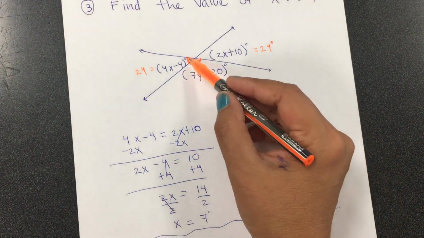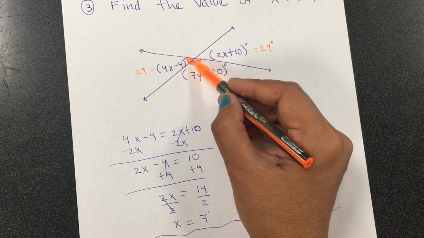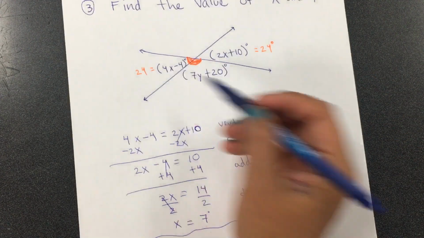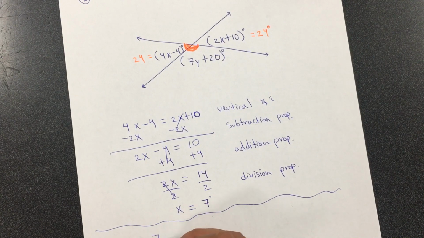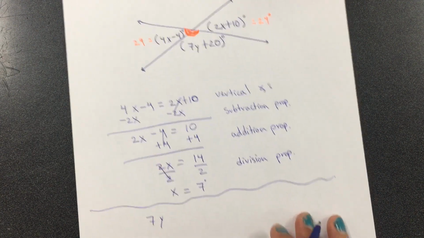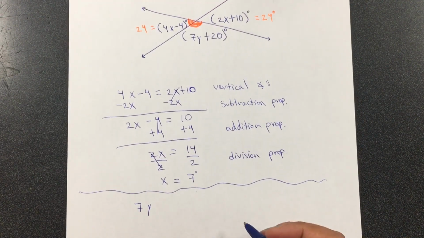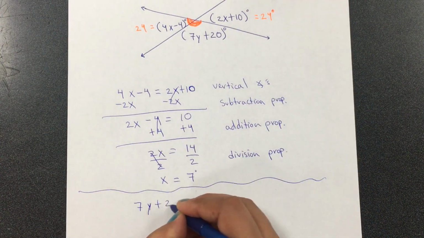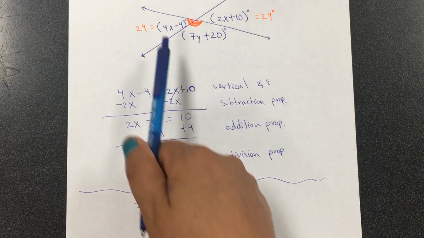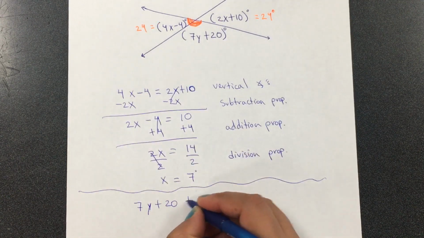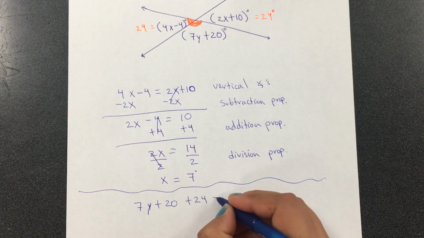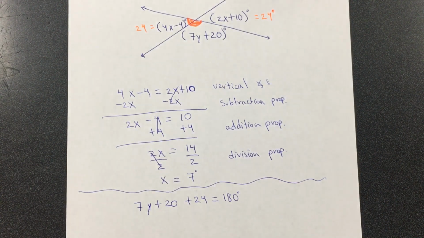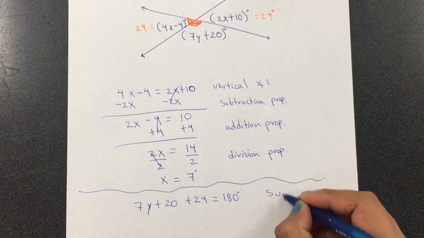But anyways, these are supplementary, they're 180 degrees, and we already know that this is 24, so to find y, we're going to put 7y plus 20 right here, plus the 24 that we found of the other angle is equal to 180 degrees. And that's because they're supplementary angles.